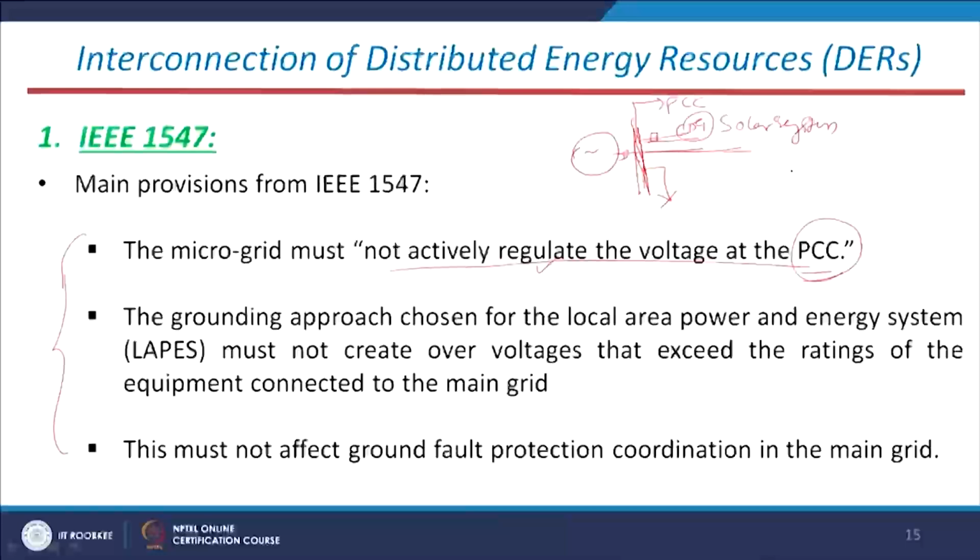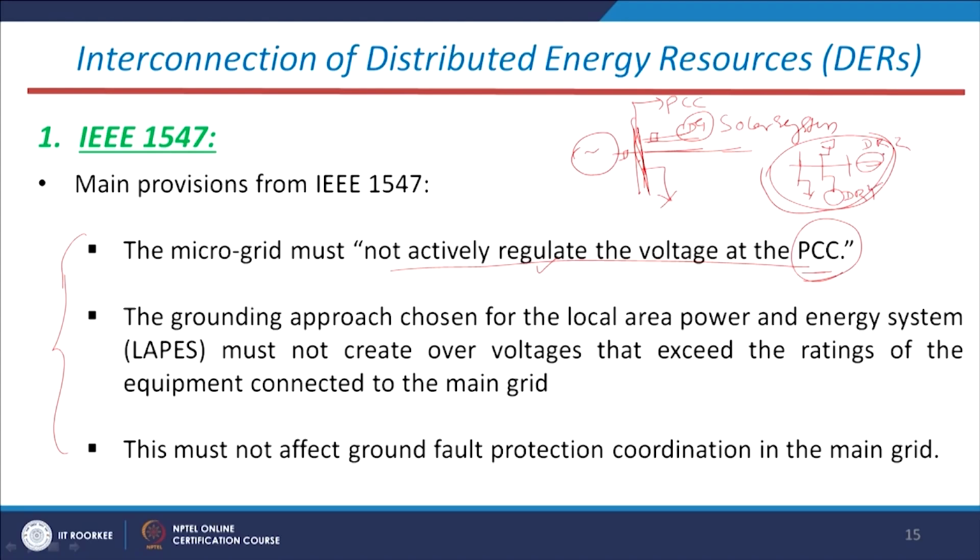Basically what this standard says, we have a microgrid, meaning we have different DGs, DG1 and DG2, we have different loads, and we also have storage. Those equipments together are called a microgrid system. This is my DR1 and this is my DR2.